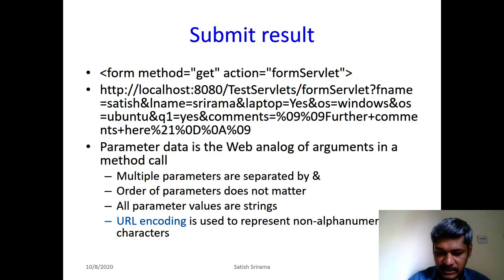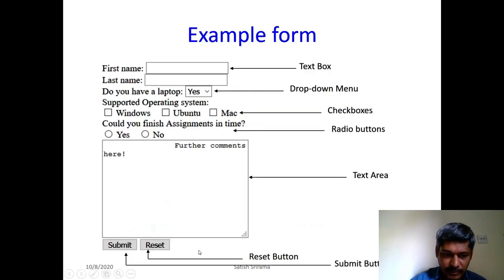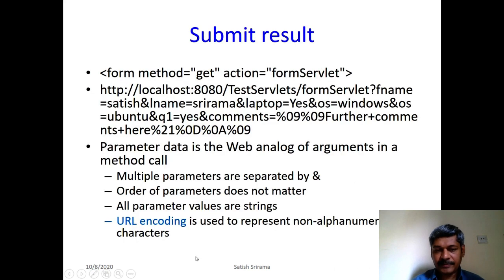Interestingly, last time we observed that when you put all the information and click the submit button, by default the form's method for submission is the get method. Whether you mention it or not, by default the method is get, and here the action is the form servlet. Before that there can be a Java servlet which can process things on submit or whatever, but I am ignoring that in these videos.